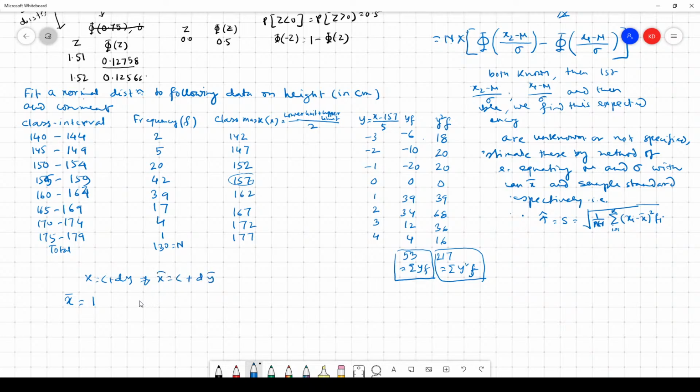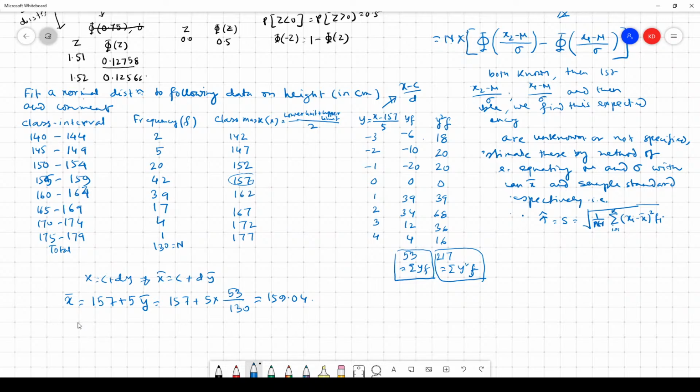So here c is 157, and d is 5, and y bar is 53 by 130. This is equal to 159.04.